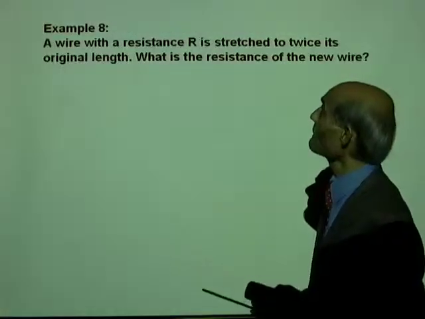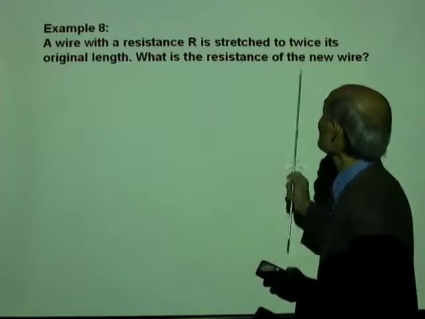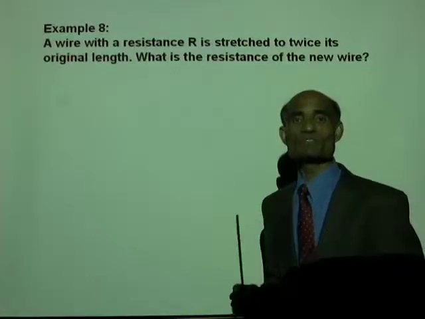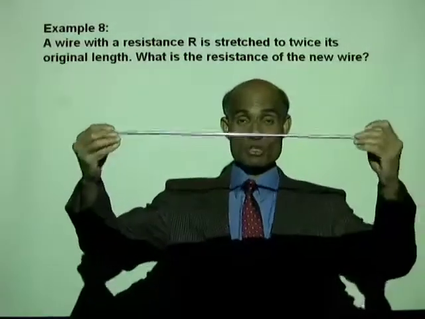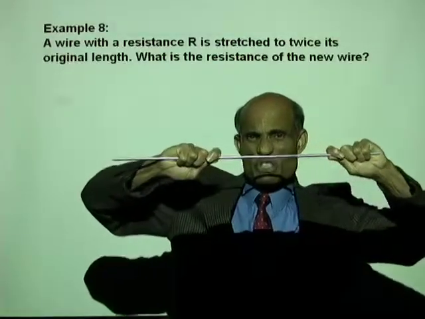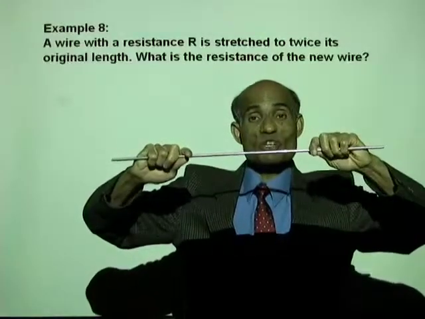Alright, let's do another one. A wire with a resistance R is stretched to twice its original length. What is the resistance of the new wire? For example, if this is the original wire, you apply a stretching force and stretch it to twice its length. What happens when you stretch the wire?